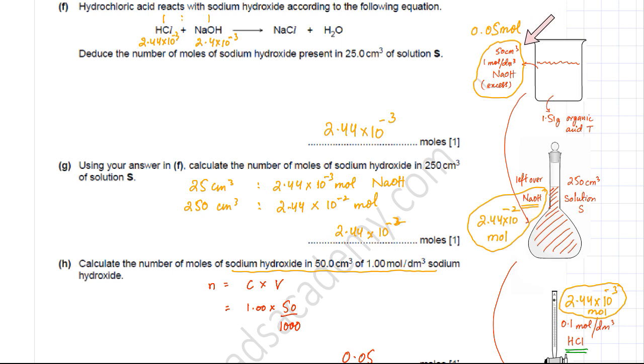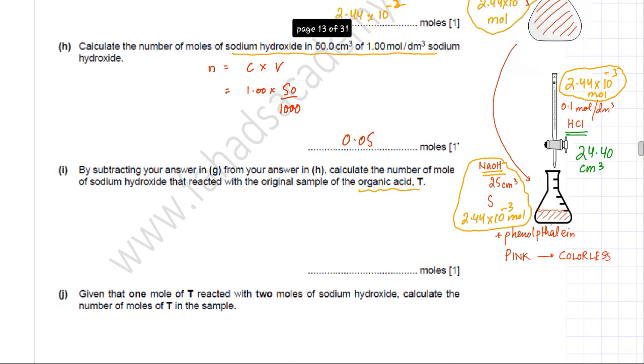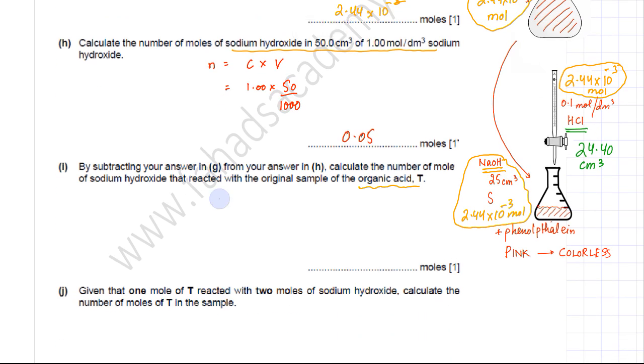So the amount of NaOH that's actually reacting would be the difference between the two values. You had 0.05 moles originally added, and 2.44 into 10 to the power minus 2 moles were left behind. So taking the difference gives the amount of moles of NaOH that actually ended up reacting with the organic acid T. So it's going to be 0.05 moles, which are my original moles of NaOH that were added, minus 2.44 times 10 to the power minus 2 moles of NaOH that were left behind at the end of the reaction.